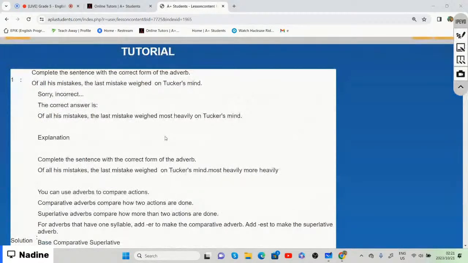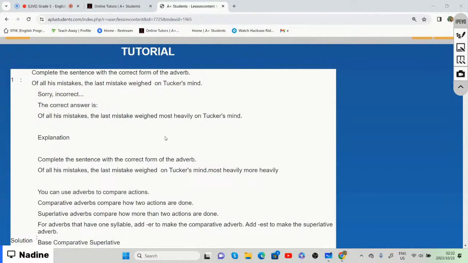When we use comparative adverbs to compare two actions that are done, and superlative adverbs to compare how more than two actions are done, with the comparative adverb we add ER, and with the superlative adverb we add EST.